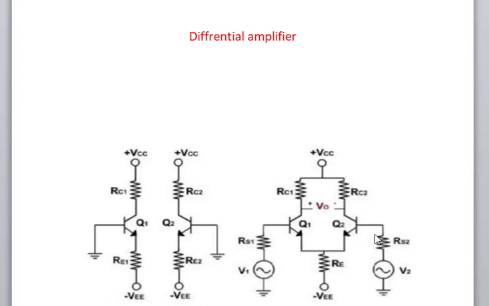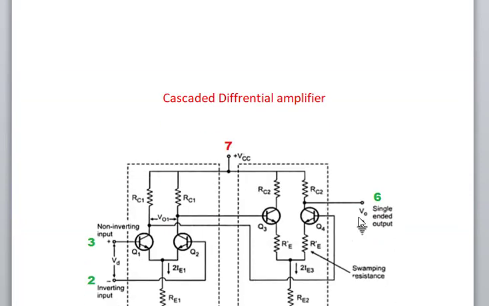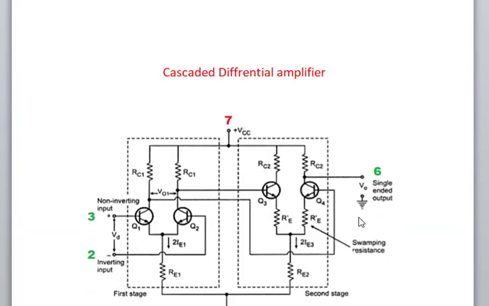This is one differential amplifier. In the operational amplifier, the two differential amplifiers are cascaded. It is one set, and this is another set. Here, there are two inputs. This is the first, the non-inverting input.